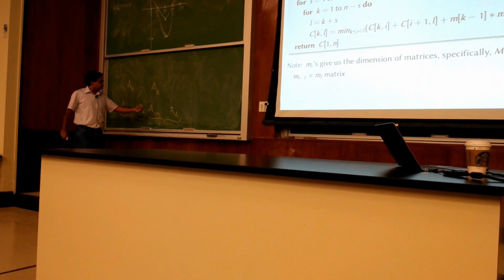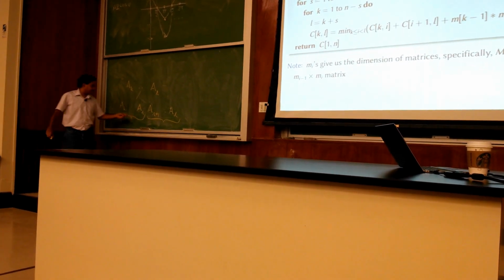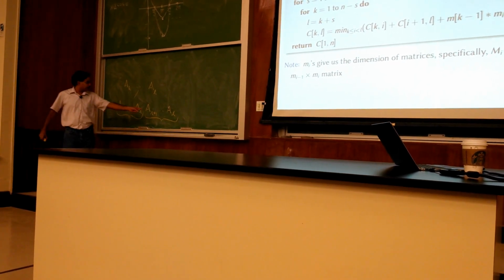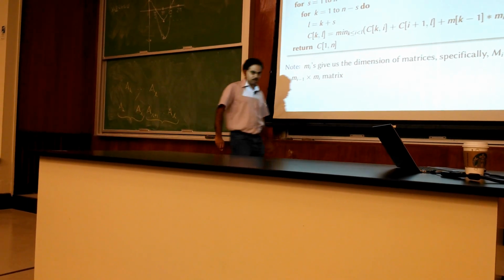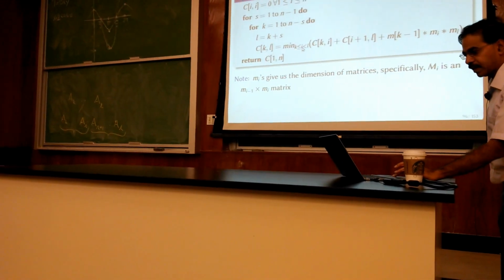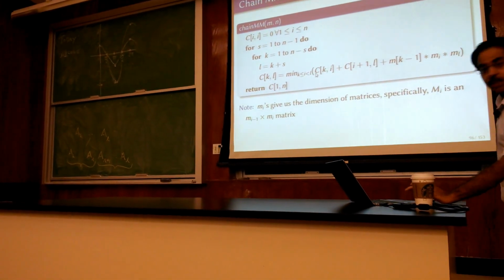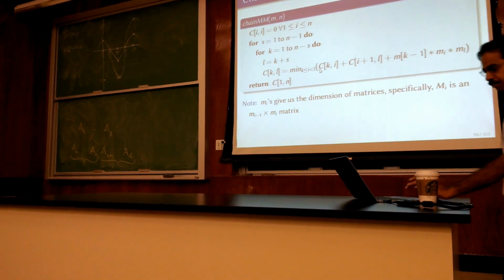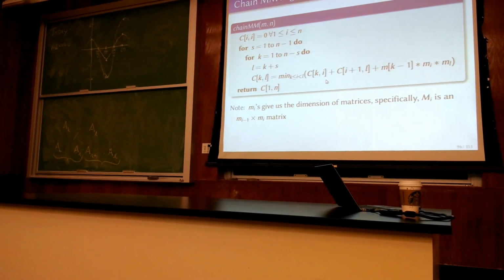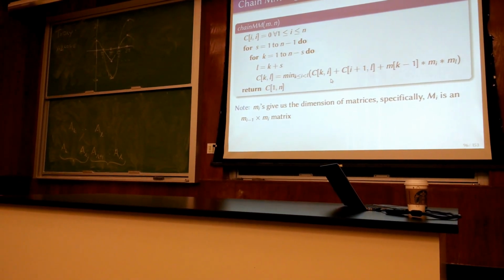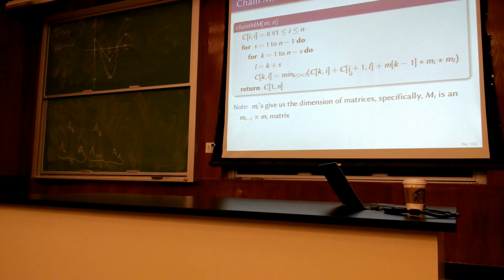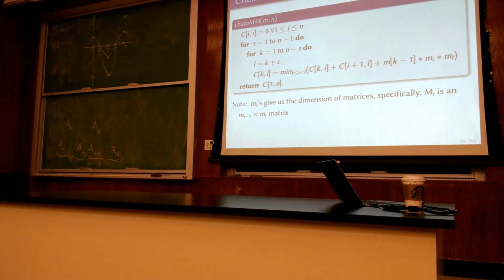And I'm going to try doing this for every possible value of i from k through L minus 1. So I'm going to try every possible value, and that is this min operation. I find the best way to compute the first group, then pick up the best way to do the second group, and combine the cost of those with the cost of doing the outer multiplication at that level.